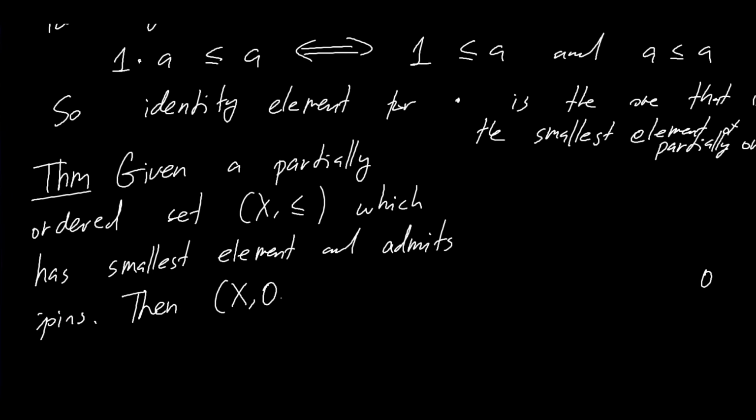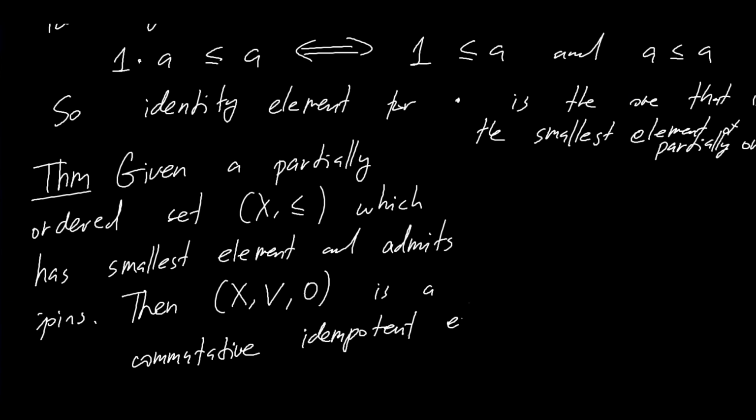So this triple, X with the binary operation being join and the identity element being 0, is a commutative idempotent monoid. That's what we proved.